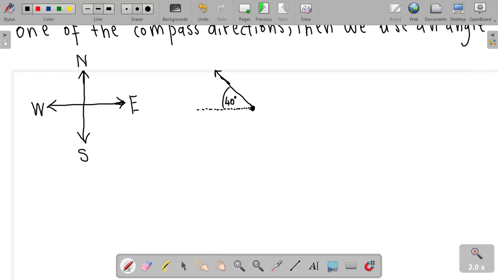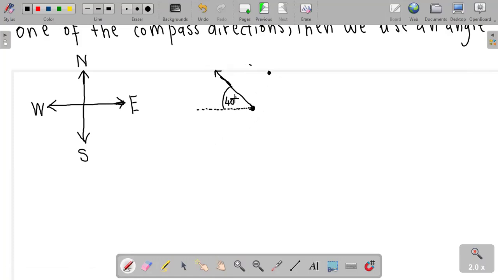So in this way, we find that the vector is not exactly pointing north or west. It's not pointing this way, and it's also not pointing north. So it's like the vector is diagonal. This is where we use an angle.